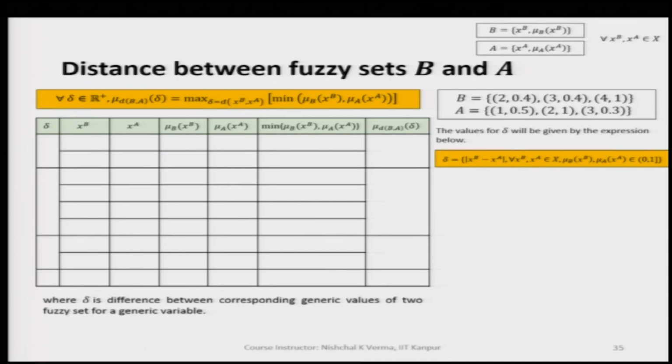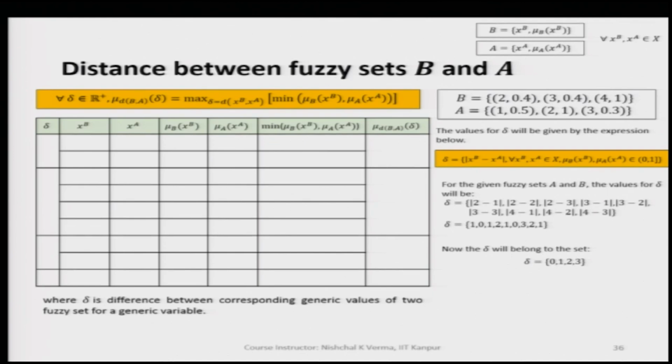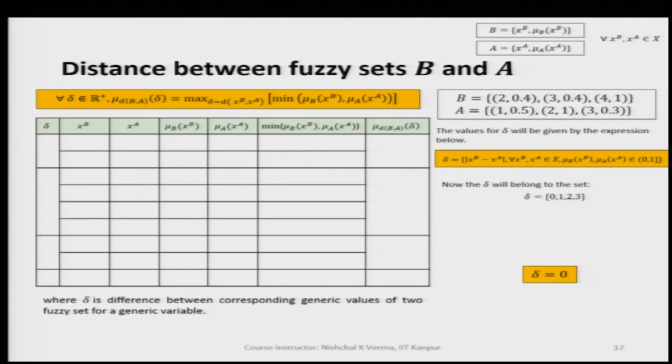Because we are taking the same discrete fuzzy sets A and B, obviously here we are going to have the delta, the difference, as 0, 1, 2, 3. So, for all these delta values, let us now enter these values in this table.